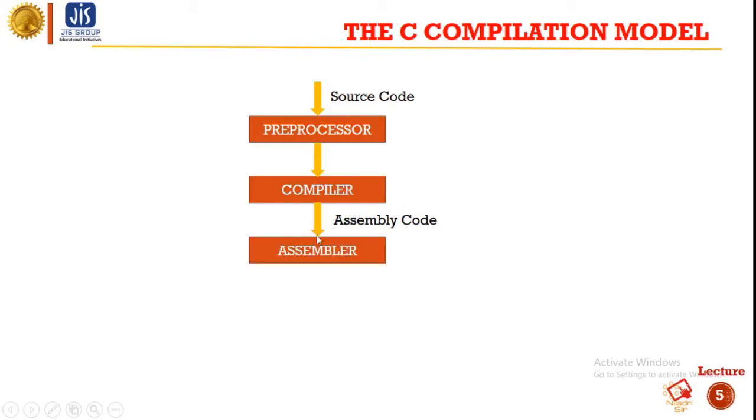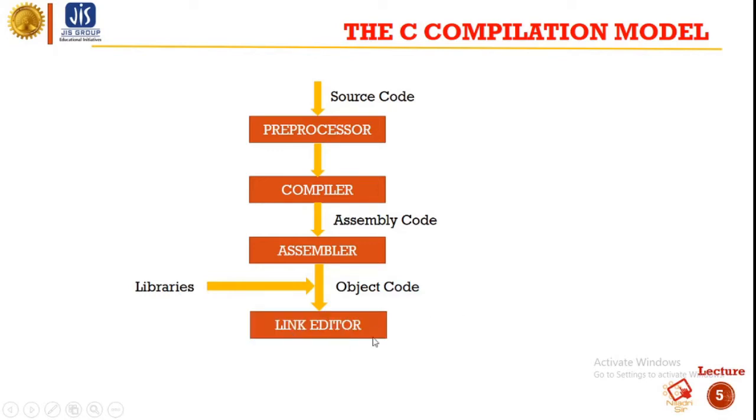It goes to the assembler, and the assembler converts the assembly code to object code. There are different libraries which also move to the link editor. So the object code from the assembler is sent to the link editor, the libraries are also sent to the link editor, and the link editor will then produce the executable code.